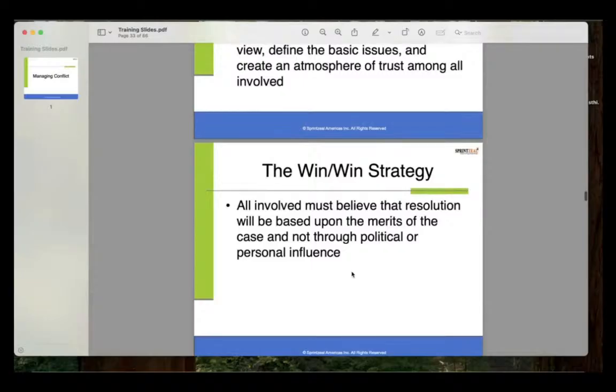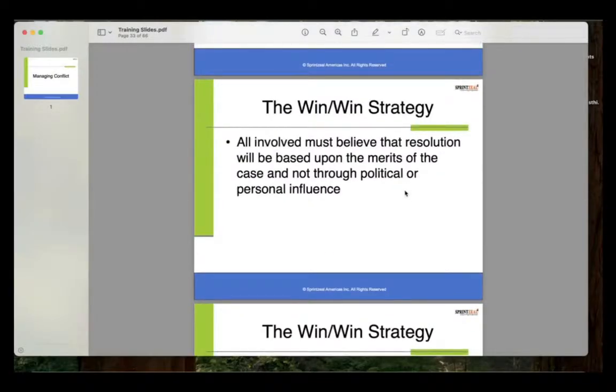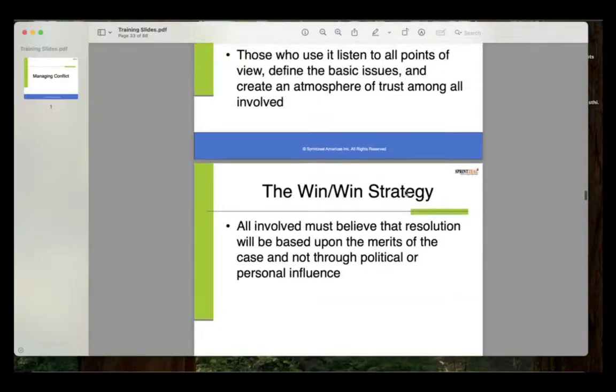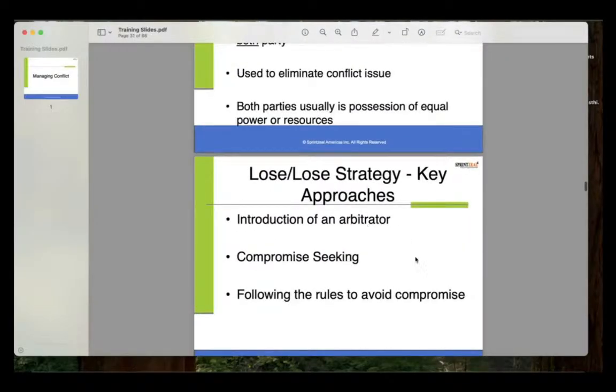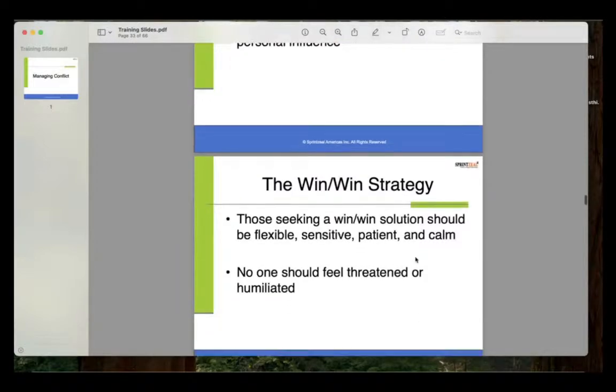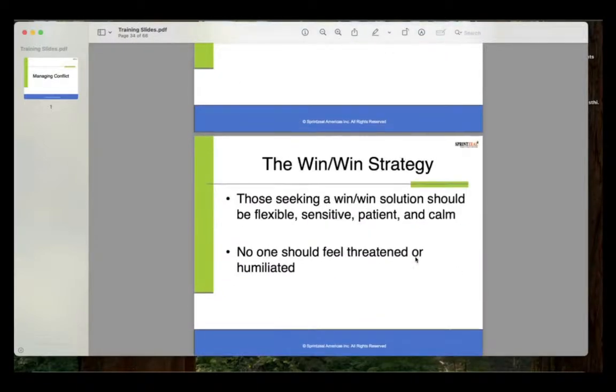And while using these strategies, we also have to define the roles, like in lose lose strategy, we saw the role of an arbitrator. We introduced that. Okay, then win-win strategy. Those seeking a win-win solution should be flexible, sensitive, patient, and calm. Also, no one should feel threatened or humiliated.